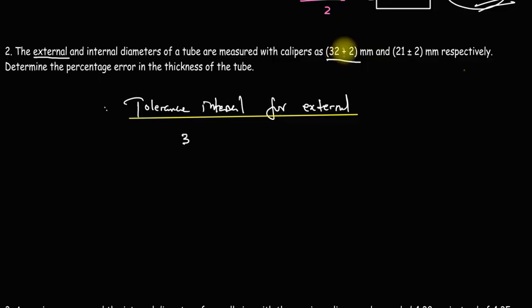So 32 plus or minus 2. So 32 plus 2 is 34. So we have 34 millimeters to 32 minus 2 millimeters is 30, and that's the tolerance interval for the external diameter.